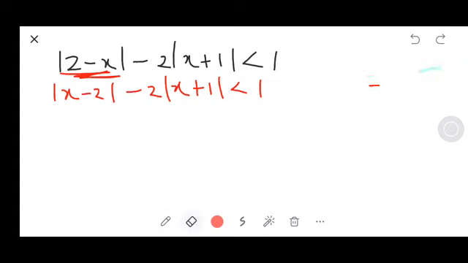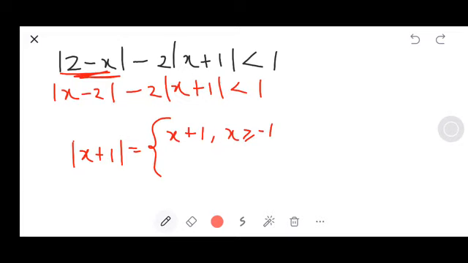So absolute value of x plus 1 is going to be the original x plus 1, the positive one, when x is greater than or equal to minus 1. Where did I get minus 1? Minus 1 is the 0 of x plus 1. It is equal to minus x plus 1 when x is less than minus 1. I hope we are together.